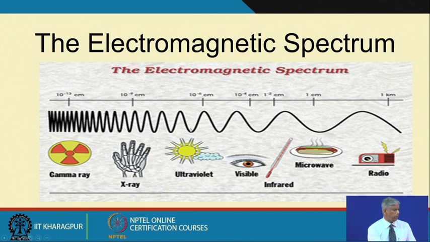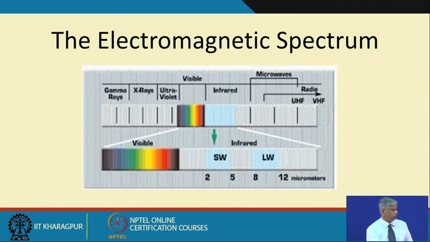So, depending on the frequency, the intensity of this energy can be calculated, and infrareds are that way not harmful, and they can be used to measure the temperature of a body. We will see how. So, in terms of micrometers, from 2 to about 12 micrometers is the wavelength of infrared waves.